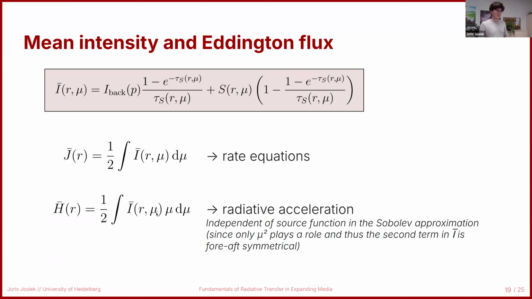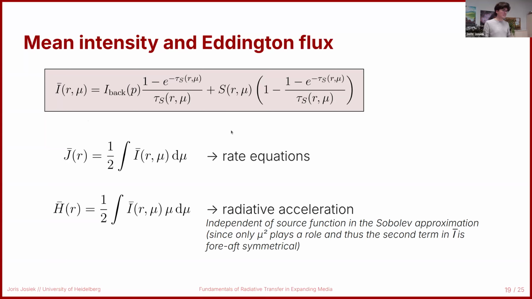At least the second term of I bar is. So this term here that is dependent on the source function. And if you multiply this with another mu, it becomes anti-symmetrical in mu, which means that if you integrate, this last term does not contribute. It becomes 0. So this is quite useful. This means that you don't need to know the source function in order to compute the radiative acceleration in the Sobolev approximation.